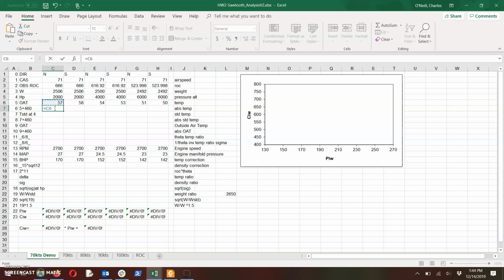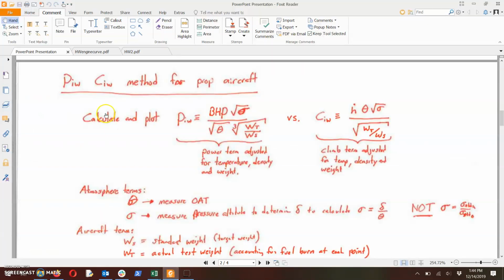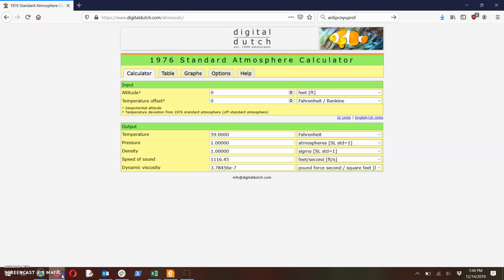So we'll just do that over here. So that is 5 plus 460, 517. What is the standard temperature at 2,000 feet? So here's the height above sea level that we are. Well, what is that standard temperature? Well, you could either go look it up in the back of some aerodynamics book, or here's another source for it.